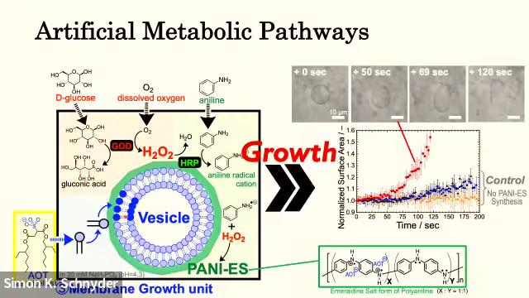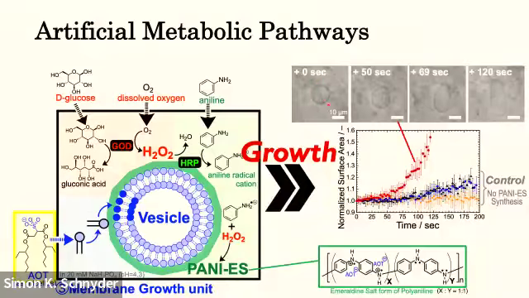Then I observed that the vesicle membrane showed radical membrane growth like this. This is the phase contrast microscopy image, and this is the target AOT vesicle membrane. Toward this vesicle membrane, the food molecules are supplied by the microinjection technique, and the PANI-ES polymer is synthesized in situ on the vesicle surface membrane.